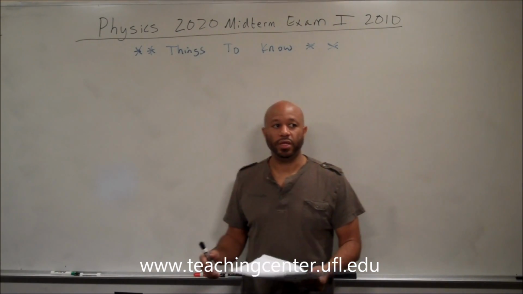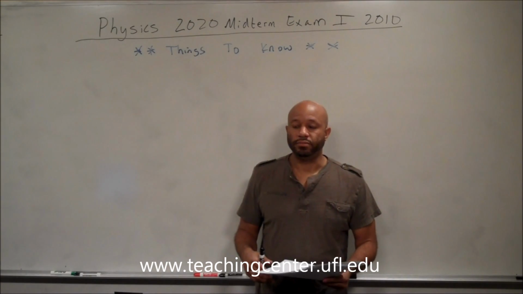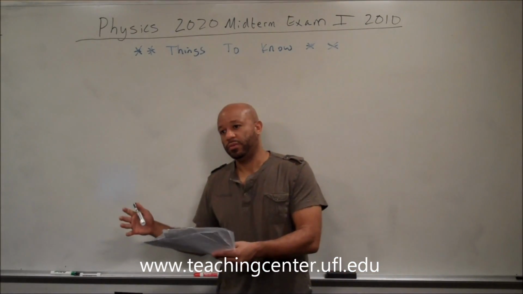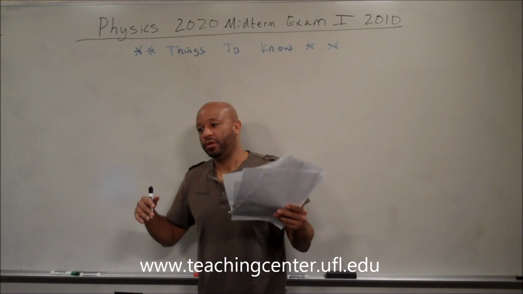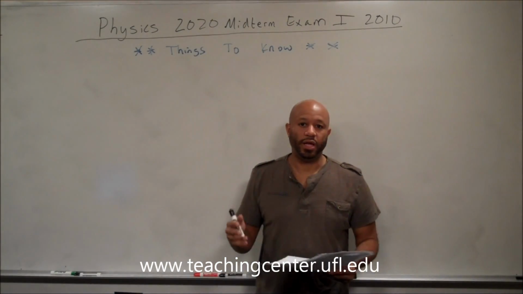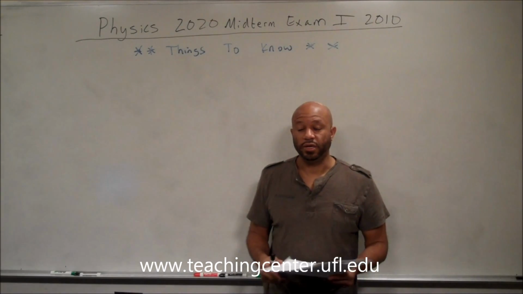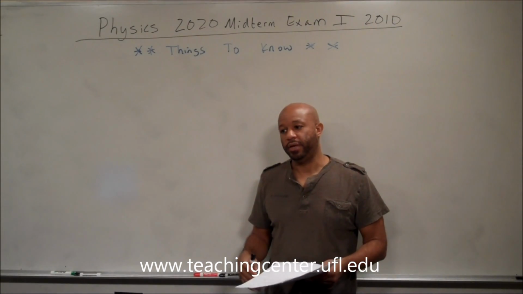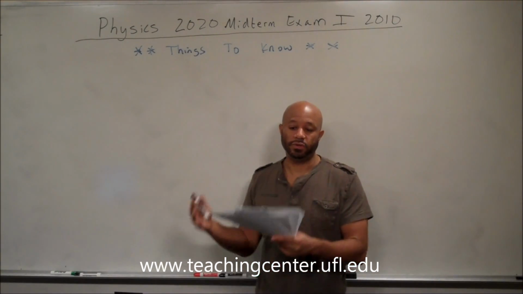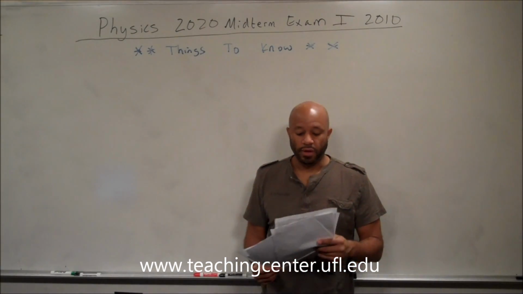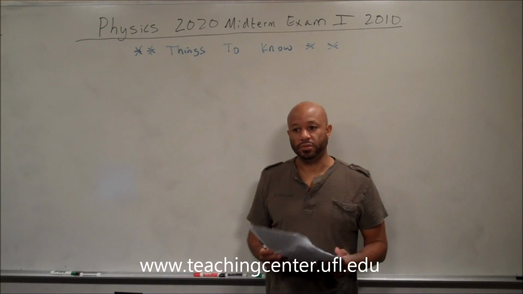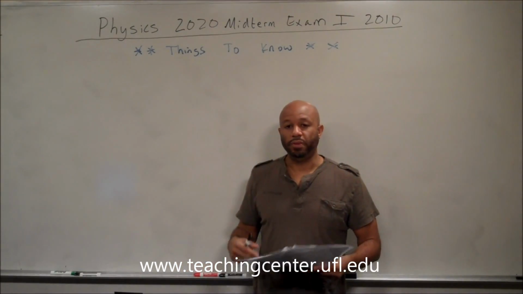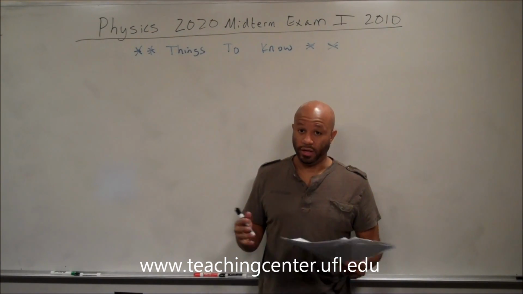The sign will indicate whether something is moving to the right or to the left, which is the direction of the velocity. Same thing with force. Force is also a vector. It has a magnitude and it has a direction. So a lot of times when you're working through physics problems, if you don't use the right sign, you may end up getting an incorrect answer.